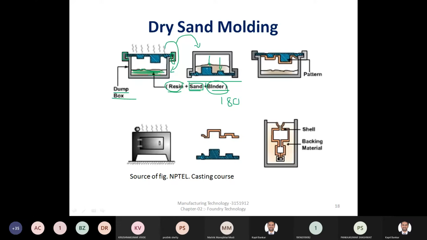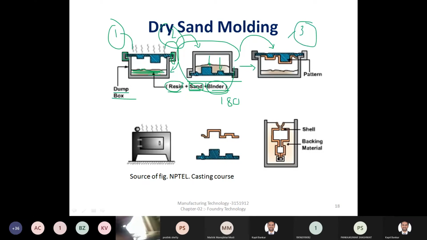After waiting some time, you revert the whole assembly back by 180 degrees, to the same position as you placed it. This is number 1, this is number 2, and this is the third position.